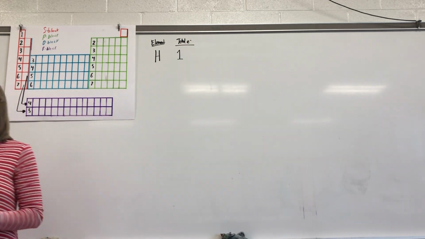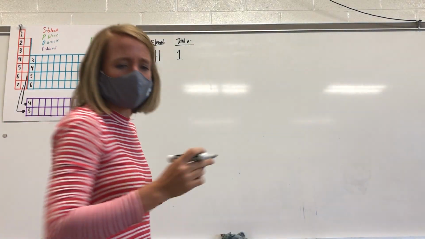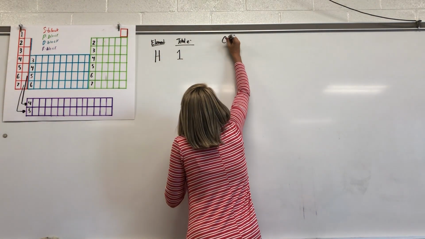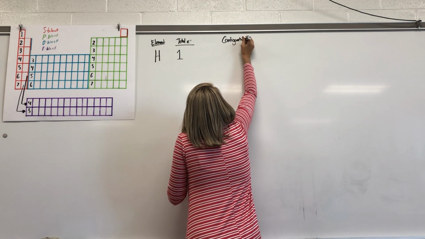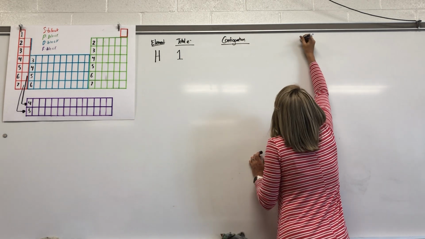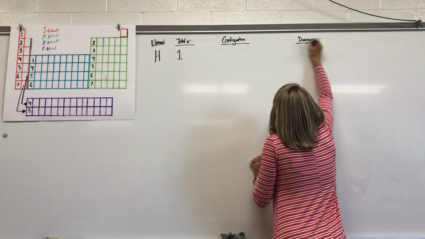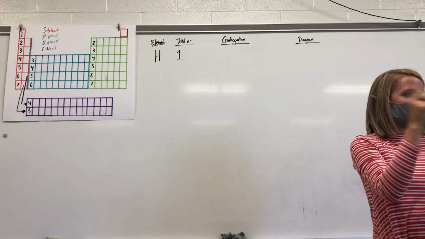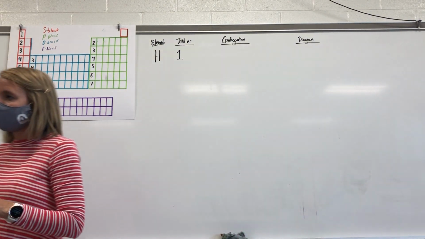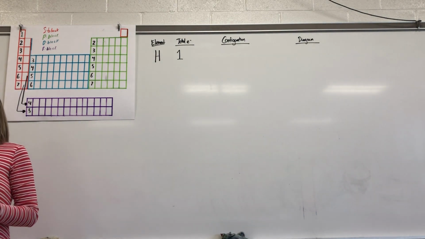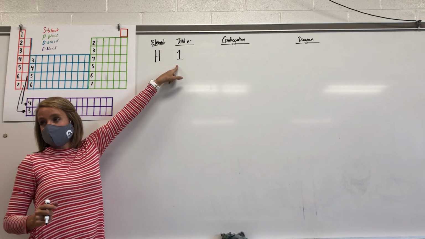Okay? I think your table's in the opposite order, but I'm going to write the configuration first, and then we'll draw the diagram. So if you want to relabel your boxes or just make sure you write them in that other order. Okay? All right, so the configuration is going to designate where this 1 electron is located.